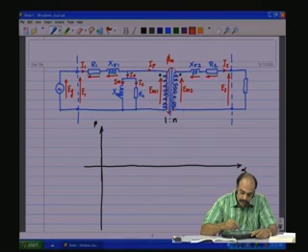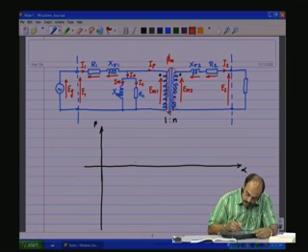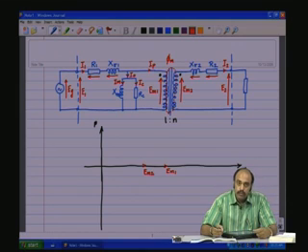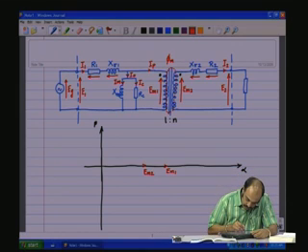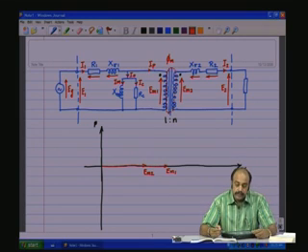If you look at the ideal transformer portion, the primary voltage is EM1, the secondary voltage is EM2. The dot polarities are shown here. EM1 and EM2 will be in phase. So, therefore, we have EM1, EM2, both of them are in phase, and let me draw that portion in this color.